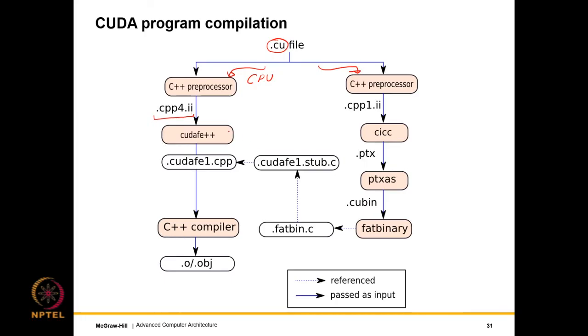Then we have a regular C++ compiler called cudafe++, which extracts the C++ code. We will see that there's a connection with the GPU, so we will come back to it. In the C++ code, it will generate special code. The reason is that a lot of the C++ code will invoke a function within the GPU and get back its results.